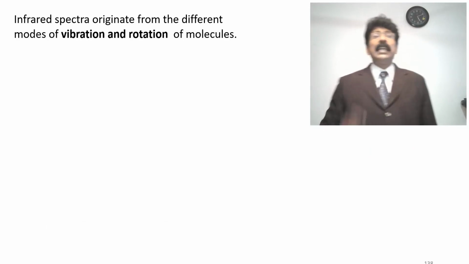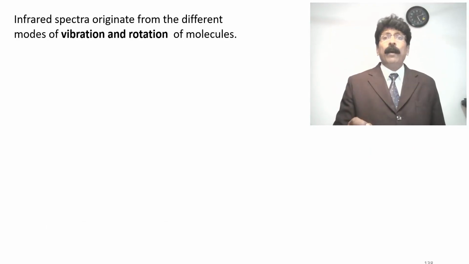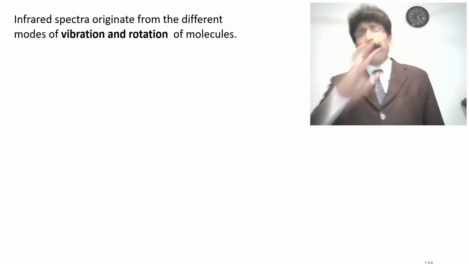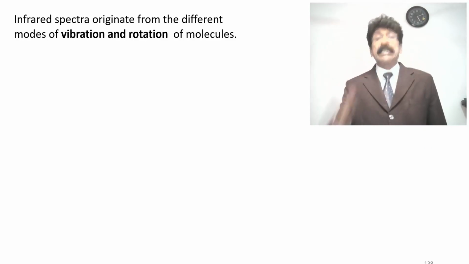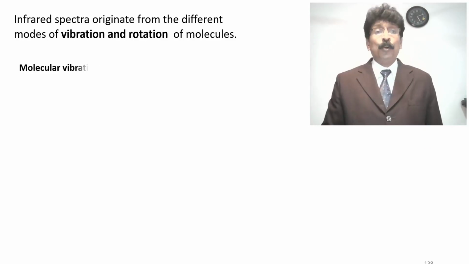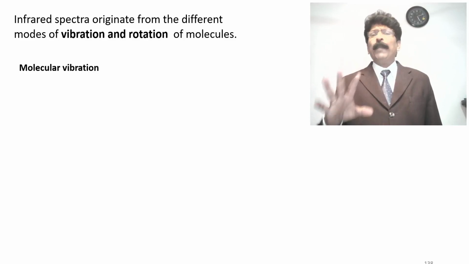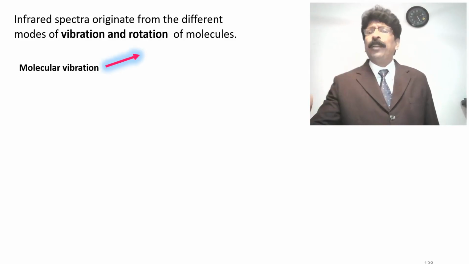Infrared spectra originate from the different modes of vibration and rotation of molecules. Molecular vibration can be divided into two types when infrared rays fall on an organic molecule.